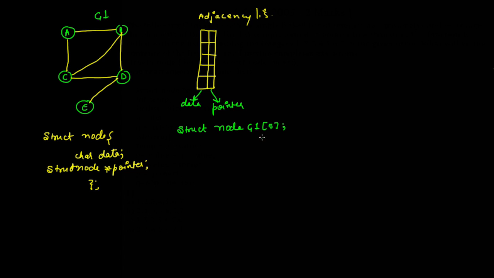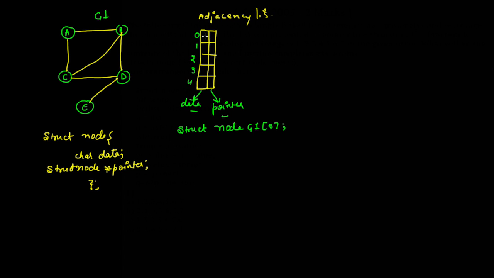So there will be an array and this array is going to have 5 index locations. What are the index locations? This is 0, 1, 2, 3, 4. And in this array there will be a data part and a pointer part, right? And this data part is going to contain the name of the node.